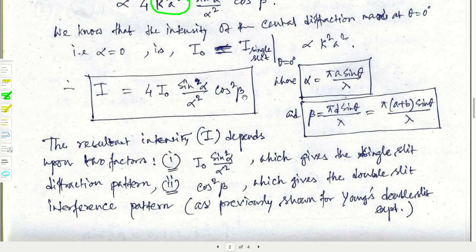If you look back at the theory of double slit interference from Young's experiment, you can exactly find that 4 I0 cos square beta is the resultant intensity at any point due to the double slit, where beta is exactly the same pi d sin theta by lambda, and d sin theta is the path difference between the two corresponding points of the slits.